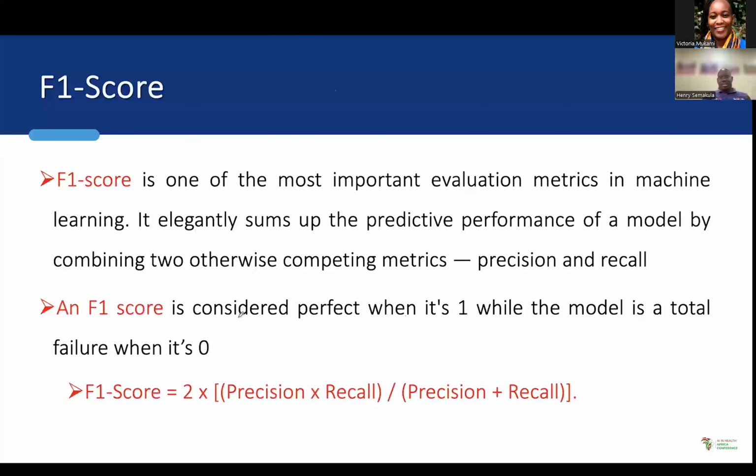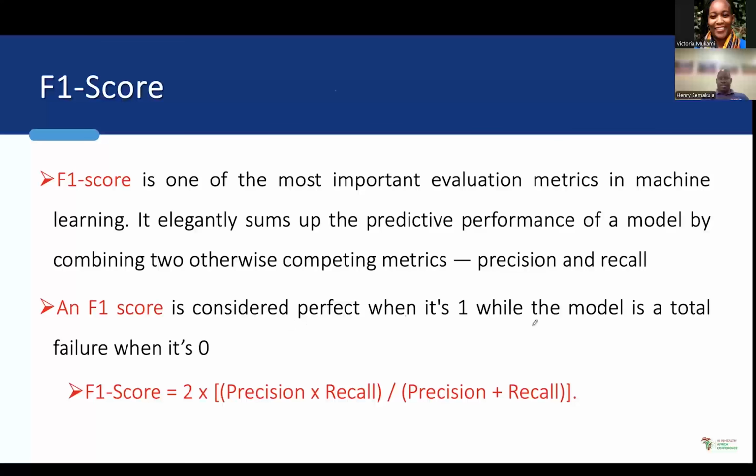We have a metric which is very important whenever you train a classification model. It is called the F1 score. It is one of the most important evaluation metrics in machine learning, since it is a combination of precision and recall. If the F1 score of your model is 1 or 100%, which is very rare to get, then your model is perfect.